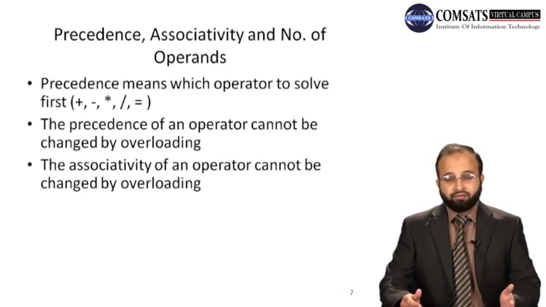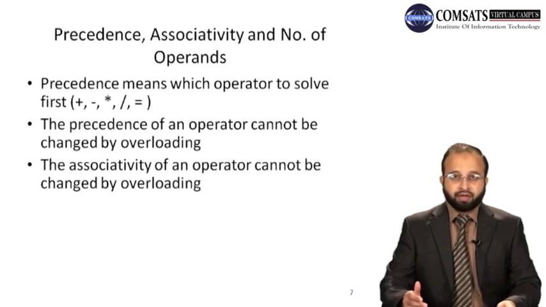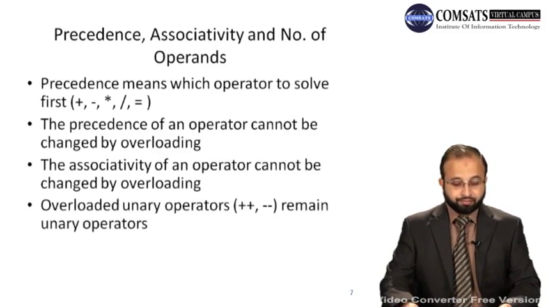So either it is from left to right or from right to left. So in C or C++, the associativity of an operator is from left to right, and by overloading an operator it is not possible to change the associativity of an operator.